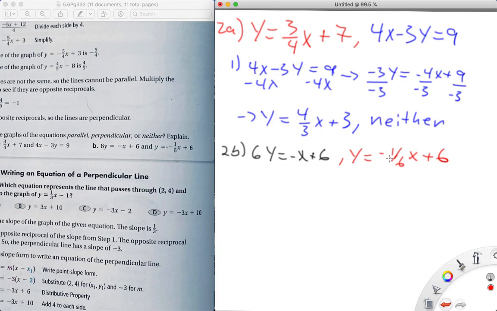This second one is already in slope-intercept form. We have the slope here of negative 1/6. The first one is in something I wouldn't even call standard form. So for this one, we just have to turn it into slope-intercept form.